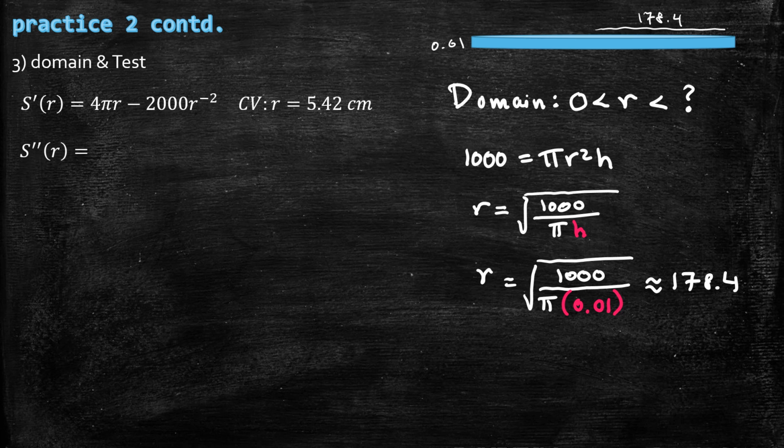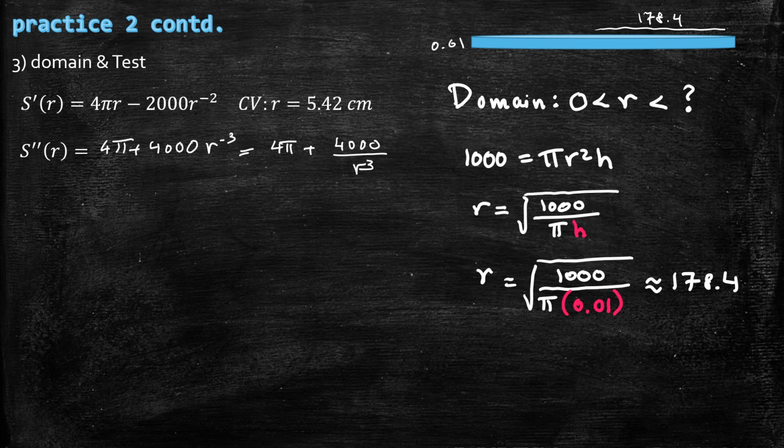Instead, we're going to consider the second derivative and see if we can use the second derivative test to answer this. So the second derivative would be 4 pi, and then the minus 2 times the minus 2,000 would be plus 4,000, and r to the minus 3, which is 4 pi plus 4,000 over r cubed.